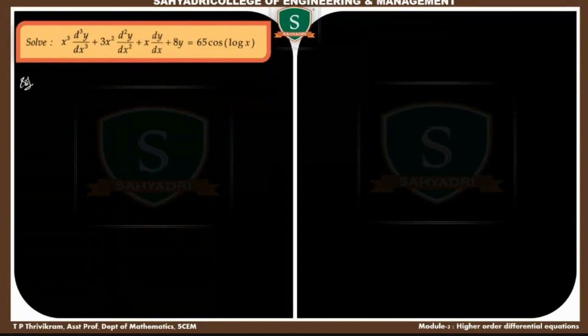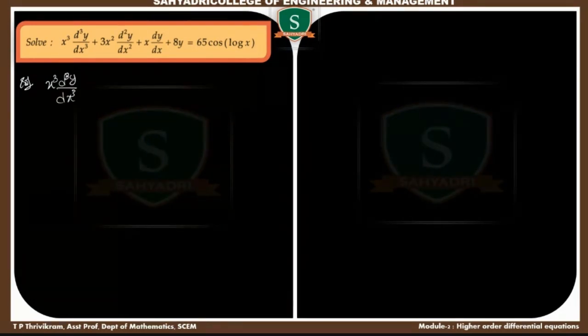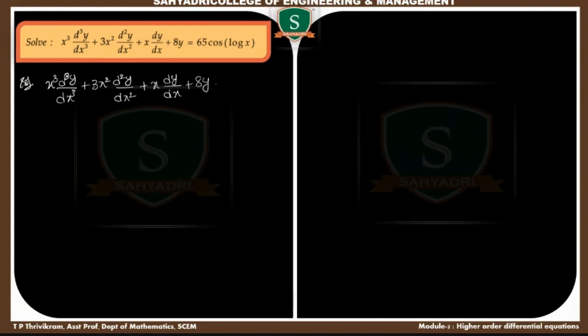Here we have x cube d cube y by dx cube plus 3x square d square y by dx square plus x into dy by dx plus 8y is equal to 65 cos of log x.